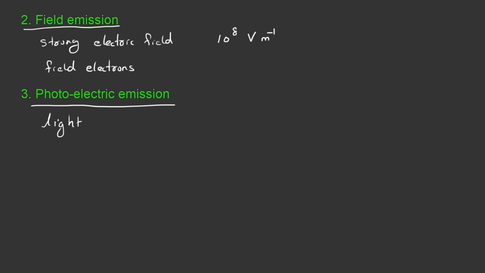So in photoelectric emission, electrons are emitted from the metal surface by illuminating it with light of suitable frequency. These photo or light generated electrons are called photoelectrons. We will study more about photoelectric effect in other sections.